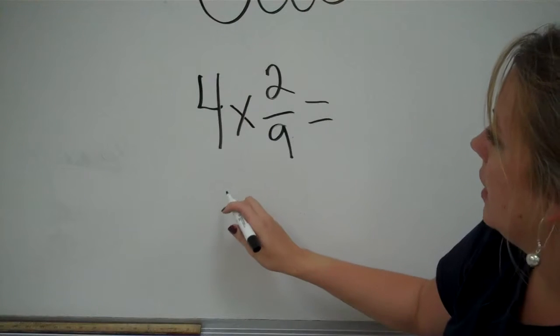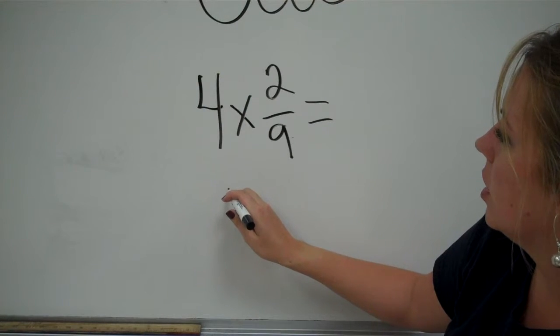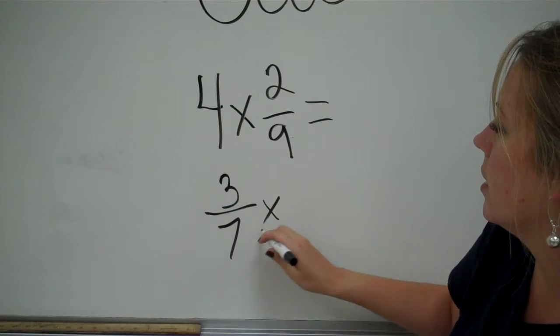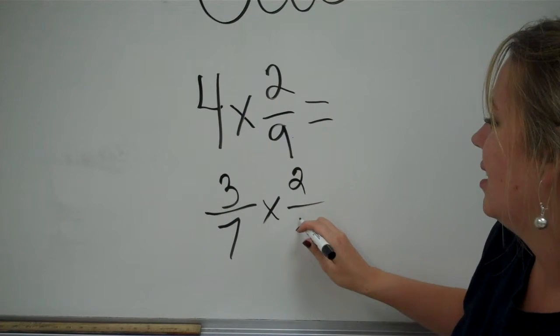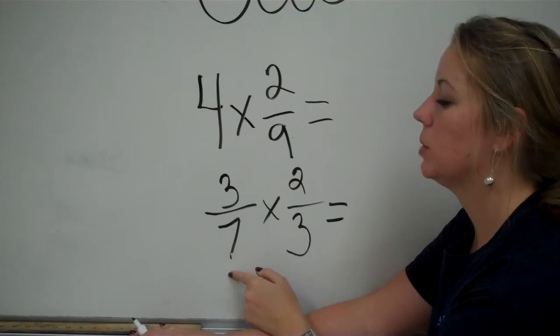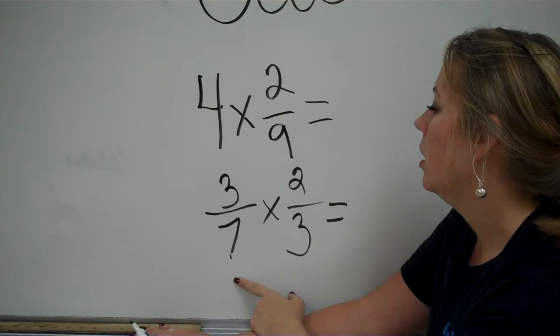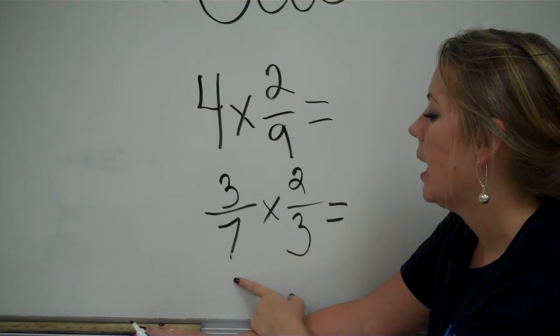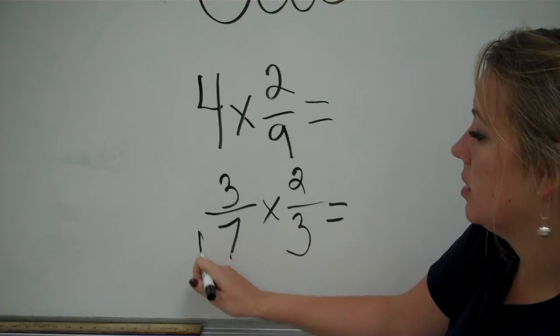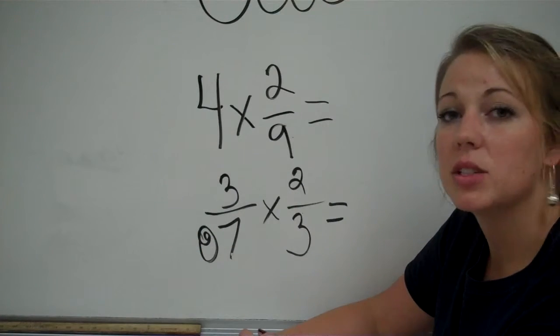Okay. And I would also like for you to solve 3/7 times 2/3. So let's put a situation behind this one. 3/7 of a garden is roses. Okay, roses. 3/7 of a garden is roses.